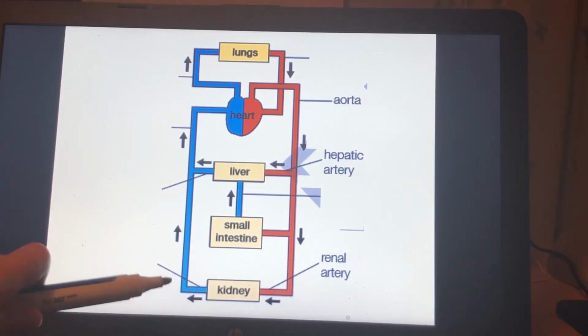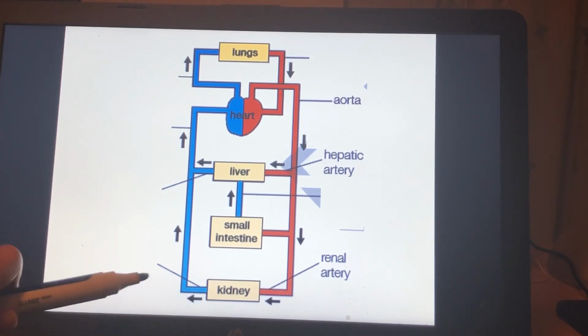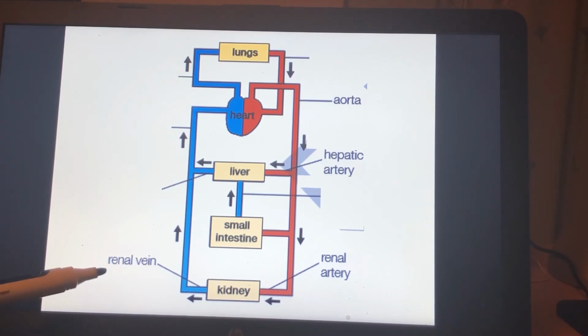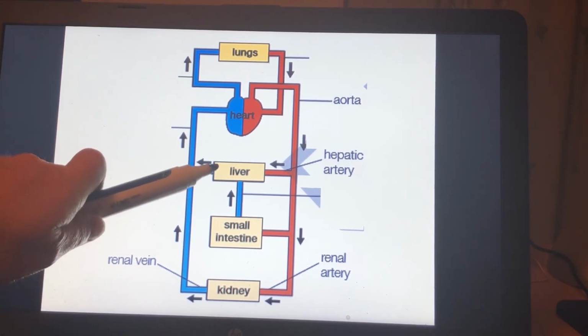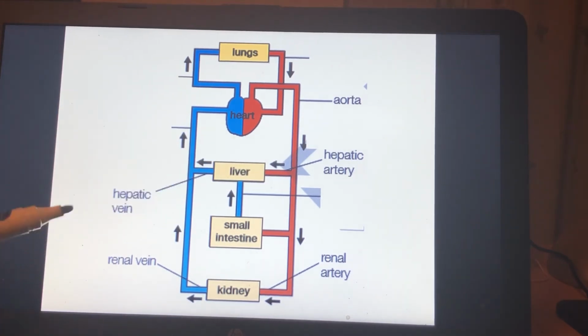This vessel is obviously taking the deoxygenated blood away from the kidney, so you've probably guessed that's the renal vein. And this is coming away from the liver, so the word is hepatic, and it's a vein, so that's the hepatic vein.